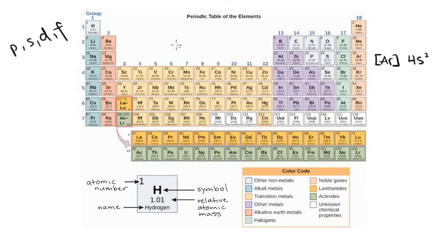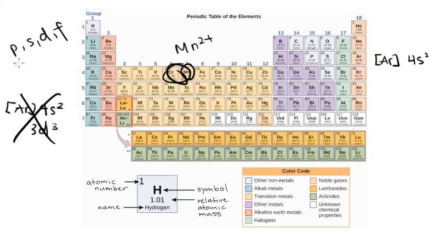If you look at Mn, let's say Mn2+, it's right here, 25 electrons. You expect it to be argon 4s2 3d3. Normally it would be 3d5, but because it lost these 2 electrons, it should be 3d3. But again, this is wrong, because this is just something you should know.